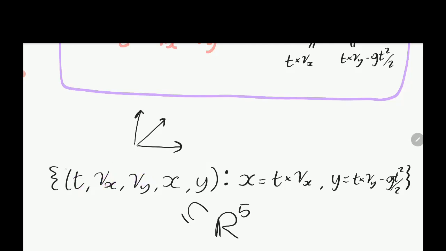So we're interested in the collection of all of these 5-tuples of numbers, or if you like, points in 5-dimensional space, which have these two properties. They have the property that this equation holds, in other words, that this number is equal to this number times this number, and also that this equation holds, in the sense that this number and this number are related according to this equation.